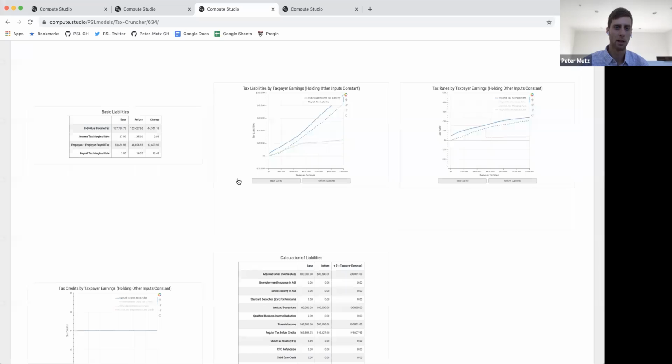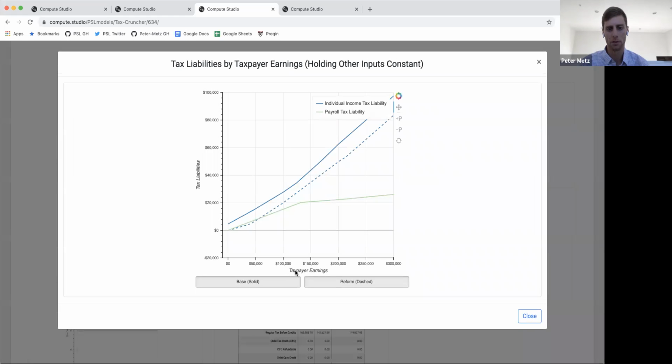All right. Now we can dig into that a little bit more. For the first graph, on the x-axis, we have taxpayer earnings. The way this graph is created is we take all of our taxpayer characteristics, so you can think about filing status, age, capital gains, expenses.